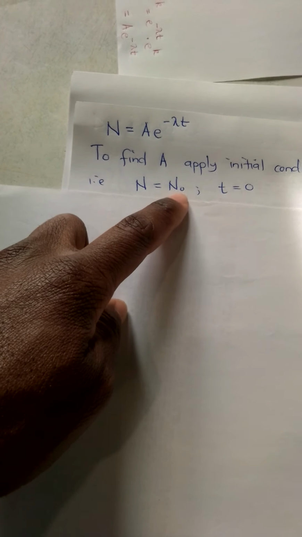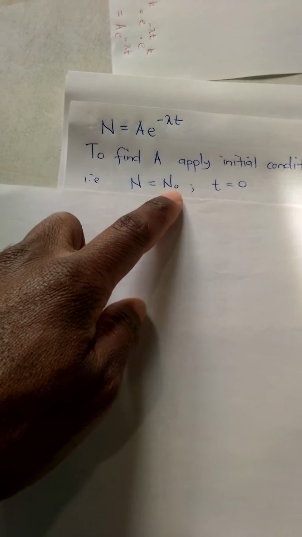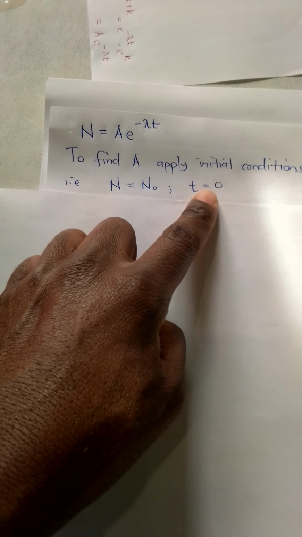Alright. To find the value of a, that constant, we apply initial conditions. Initially N is equal to N naught, the original number of radioactive particles, and t is 0 when we started. So N naught equals a e to the power 0, because when t is 0, the whole exponent is 0.